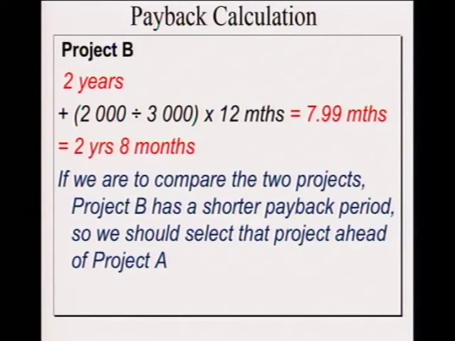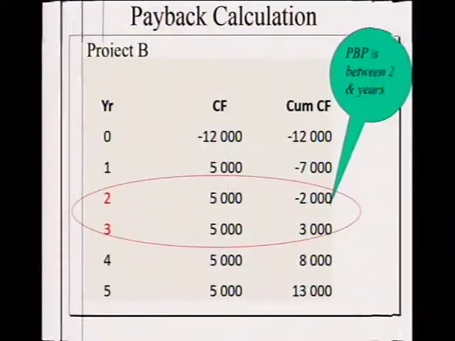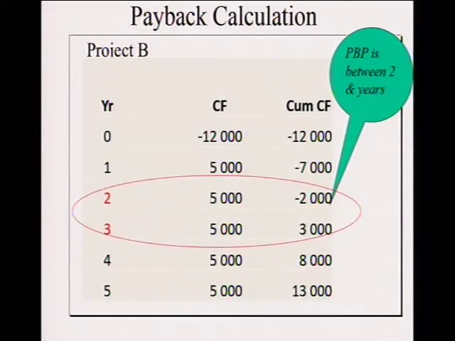Here is what we will do. Out of our cash flows, at the end of year 2, we have got negative 2,000. This negative 2,000 is the amount that we still need to recover.